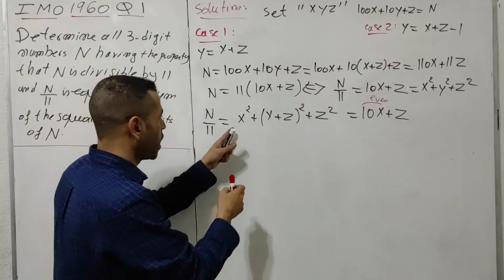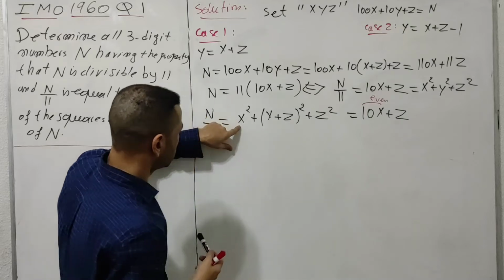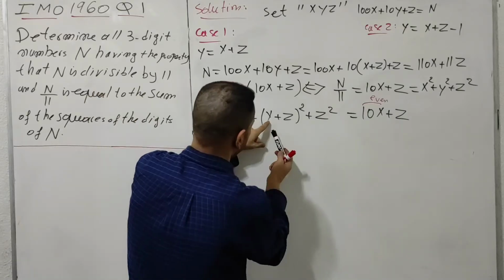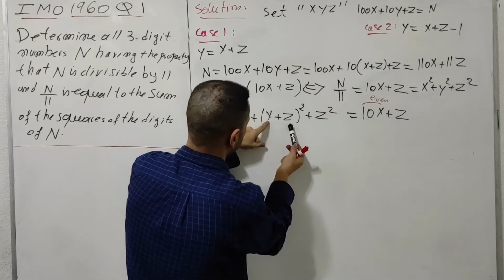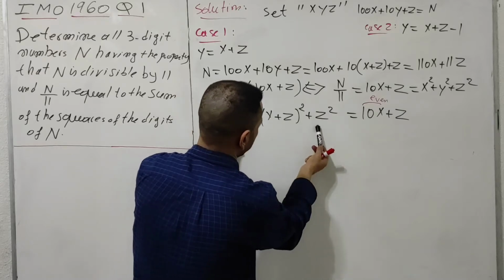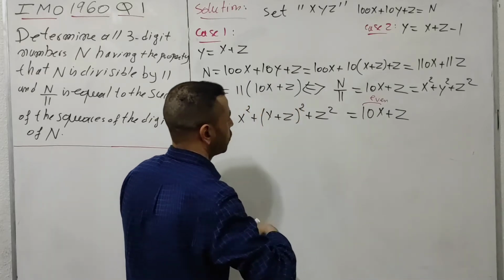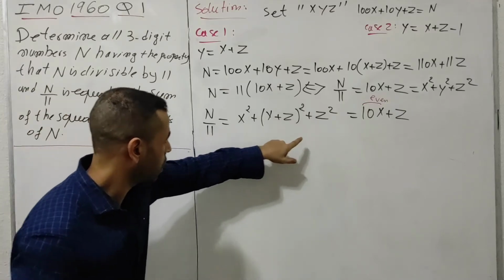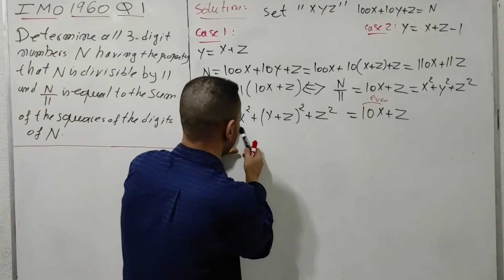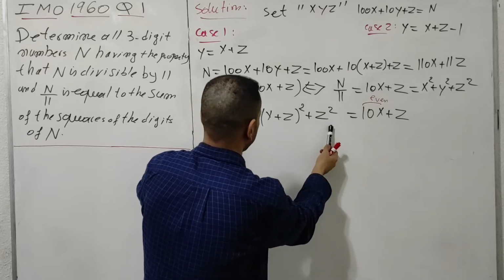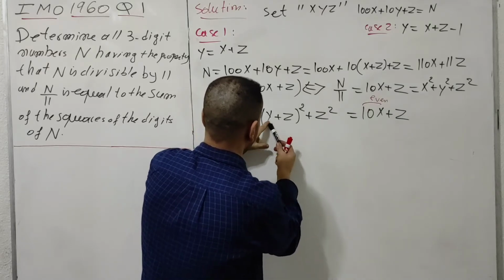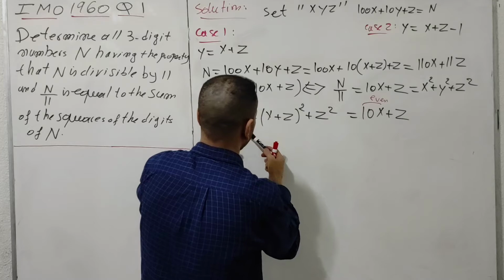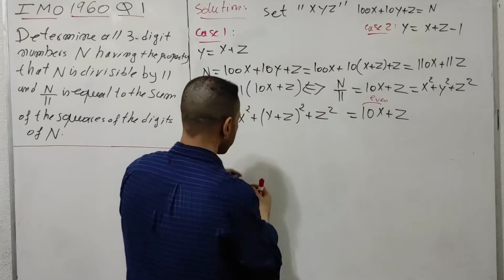Let's consider if x is even and z is even, that means even plus even is giving us even. So this term must be even as well. But if you have x odd and z odd, odd plus odd is giving you even. That means the whole thing is even as well.